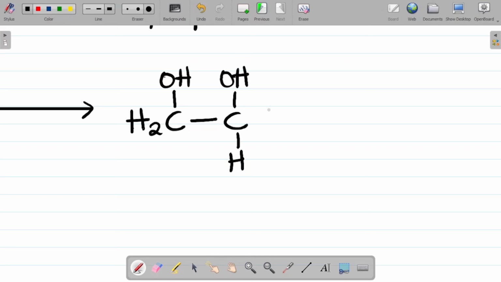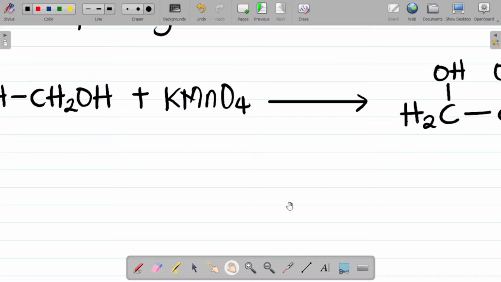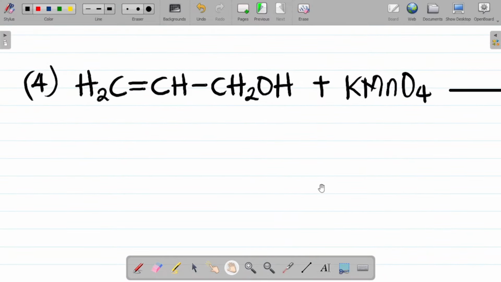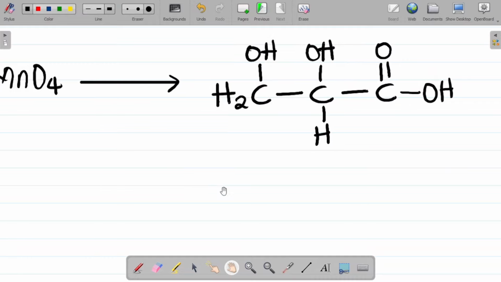To my right I'll have a carbon here, double bonded to oxygen, and then I'll now have OH here. All right, so this is what my product would look like. This is what we have when we react these two from question 4. All right, so this is how we answer this question.